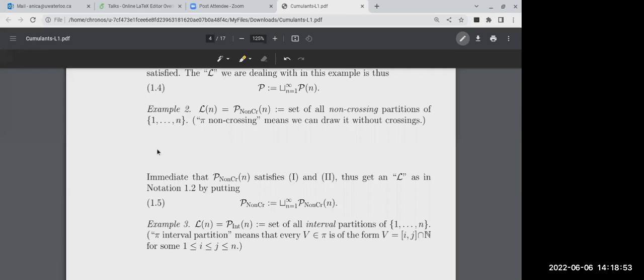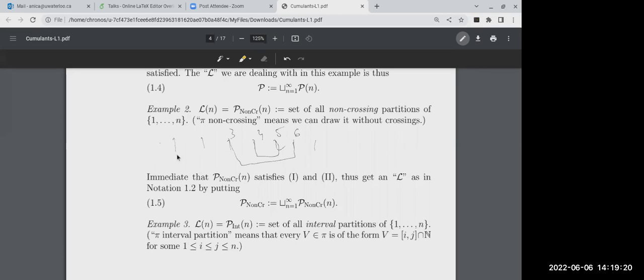are familiar with non-crossing partitions, but let me draw one. So again, let's do n equals 7. 1, 2, 3, 4, 5, 6, 7. Say that I put 4 and 5 together. And then I nest that inside 3, 6.